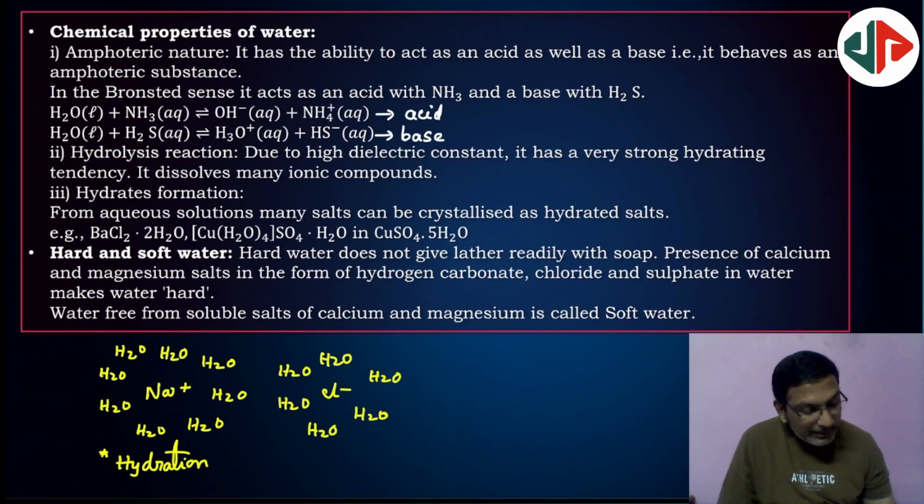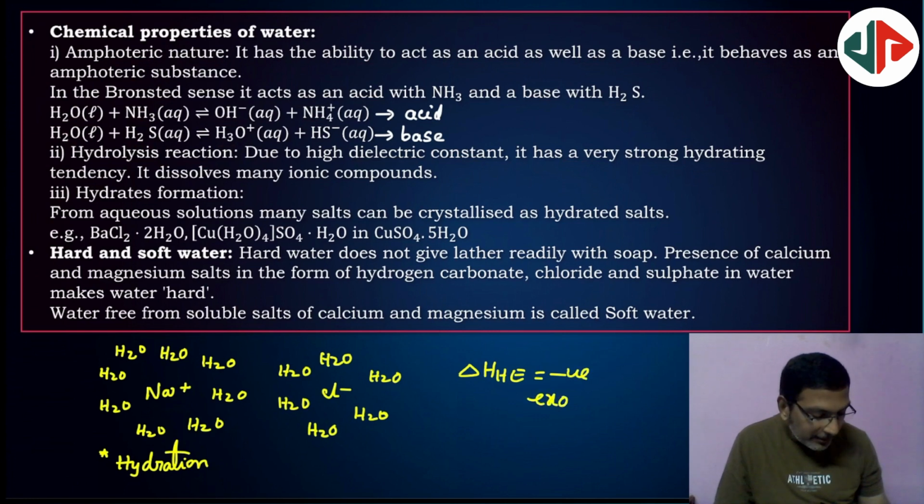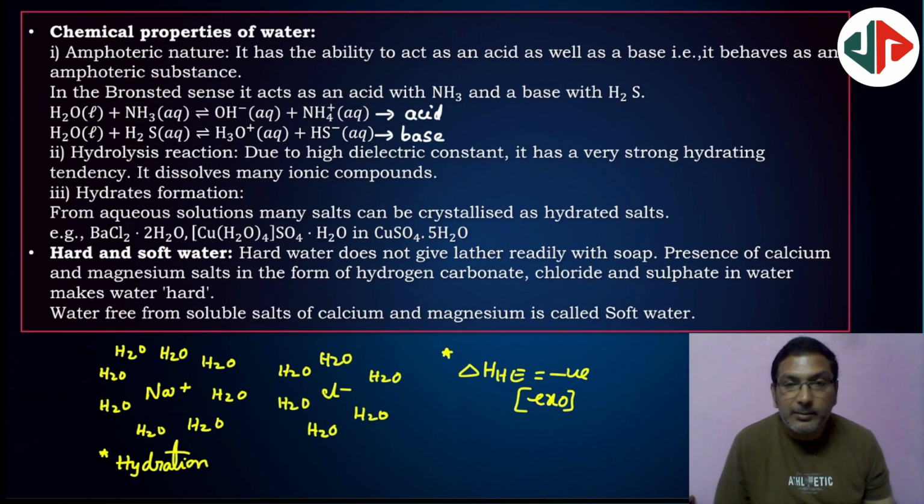Due to hydration, many ionic compounds are soluble in water. Hydration energy is always negative, that is, exothermic. During hydration some energy is released, therefore it is exothermic. So water simply stabilizes ions.